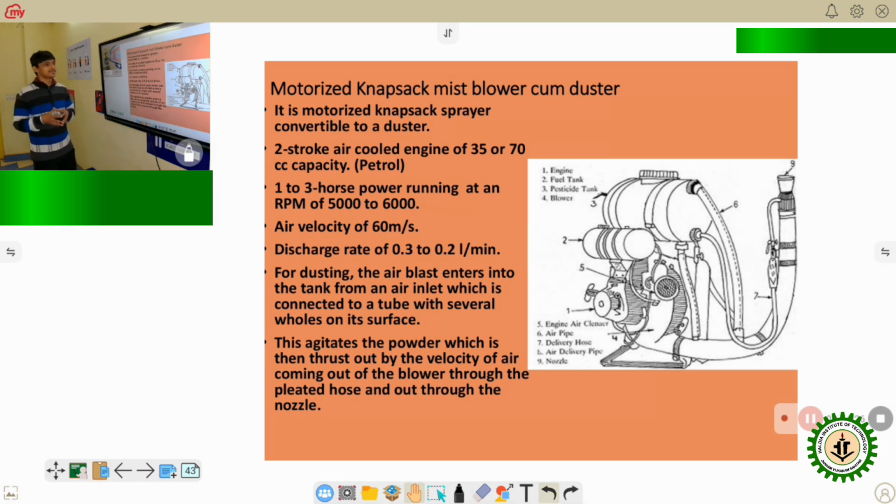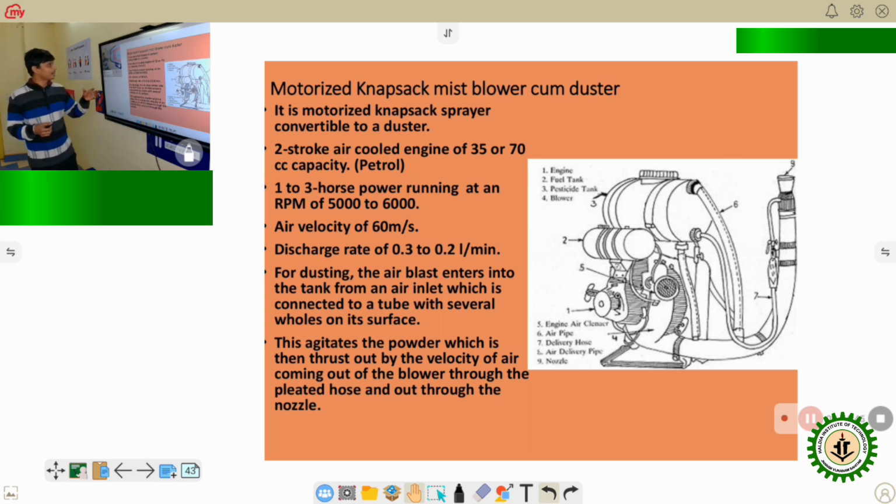Apart from that, there are motorized sprayers or dusters. We generally use a duster when we want to spray material in the form of dust or fine particles.